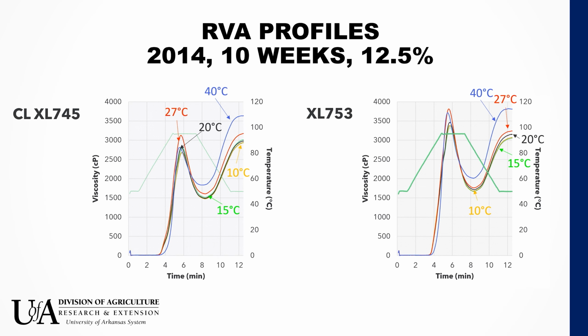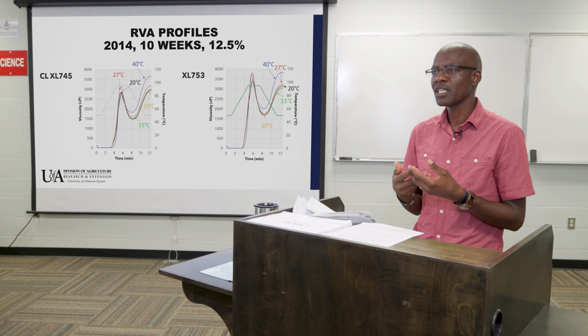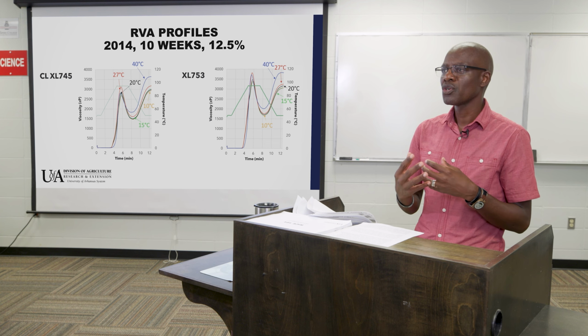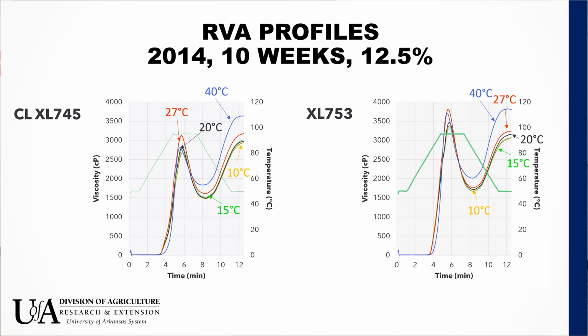Now, in this slide, I want to describe to you a very important property, and that is what we call the viscosity. Viscosity gives us an indication of how this rice is going to perform during the cooking process, and some indication of how this rice is going to absorb moisture or change in characteristics, especially at different temperatures.